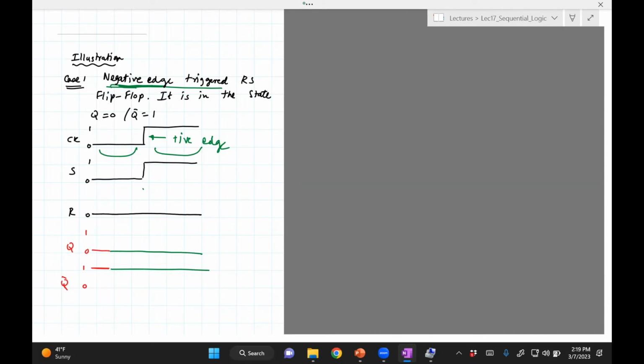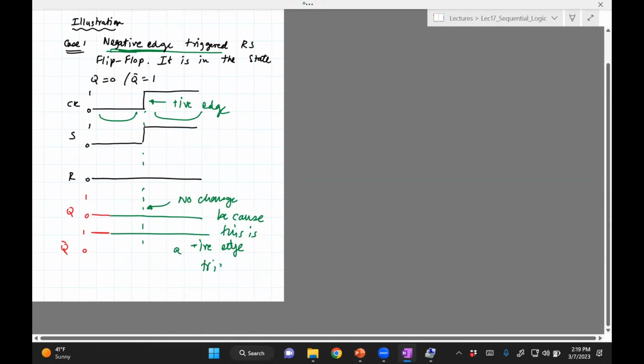So we expected maybe a change here, but no change, because this is a negative edge triggered flip-flop.